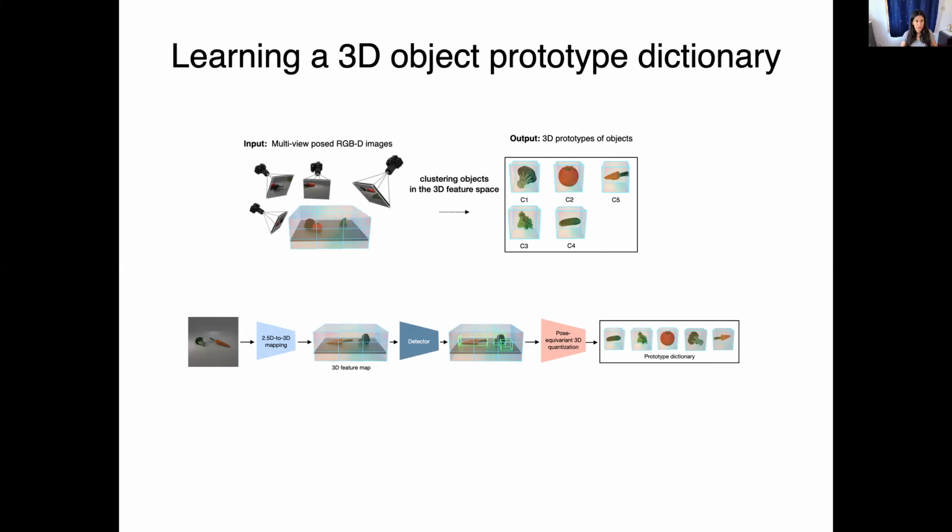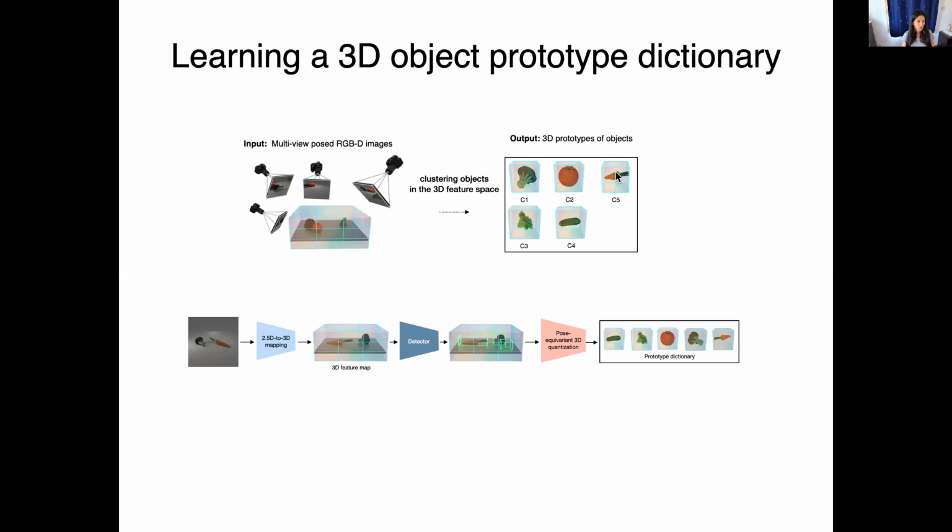And what is a 3D prototype? A prototype of an object, here essentially cluster 1, 2, 3, 4, 5. Every cluster is itself a 3D feature map, and you can render it from different viewpoints. And when you match an object to a prototype, you do a rotation-aware check. So you try to find the rotation that has the minimum 3D feature distance to the prototype, so that a particular carrot, for example, can explain all different carrots in all possible rotations and scales and positions, as opposed to only a particular scale and orientation.